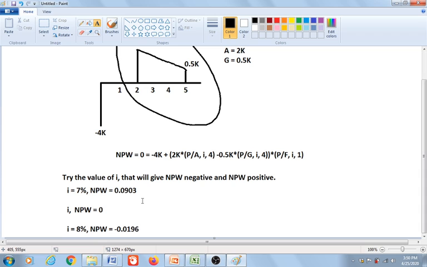So I repeat, when you substitute I equals 7% into this equation, look up the table, and do the calculation, you get NPW equals 0.0903, and with I equal to 8% you get NPW equal to minus 0.0196. Okay, so you substitute the value of I into this part of the equation. Now we can do the interpolation.